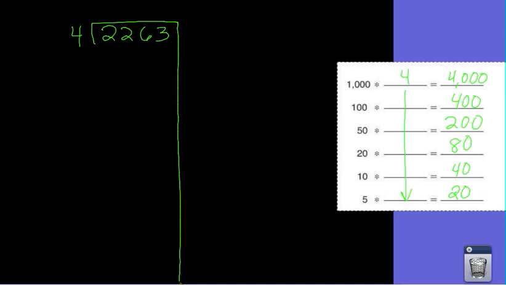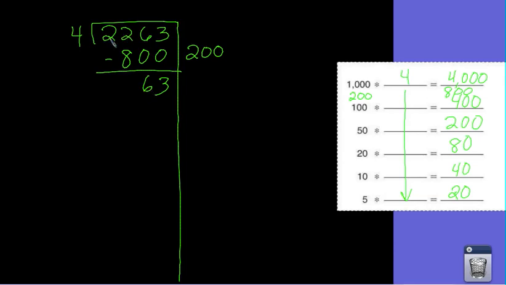Fill in my chart. Okay, 4,000 is too big. So I add my 200. Times 4 is 800.